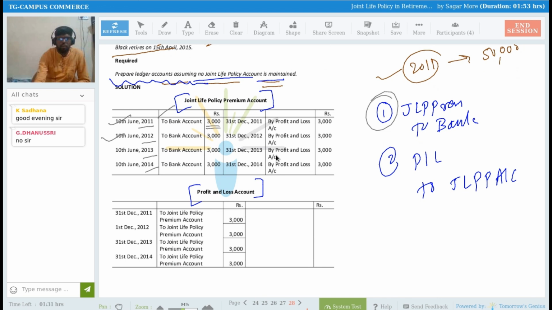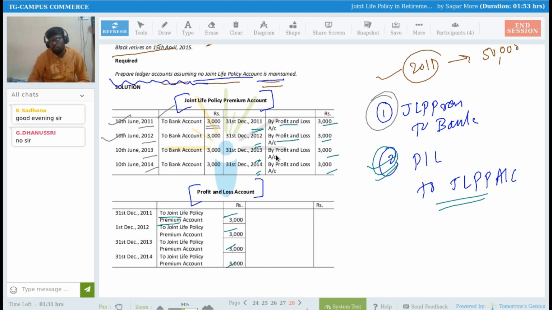So the entry for that is profit and loss account debit to joint life policy premium account. By profit and loss 3,000, 3,000, 3,000 on 31st of December 11, 12, 13 and 14. So it will come on the debit side of profit and loss account each and every year, right? To joint life policy premium account 3,000, 3,000, 3,000, 3,000.